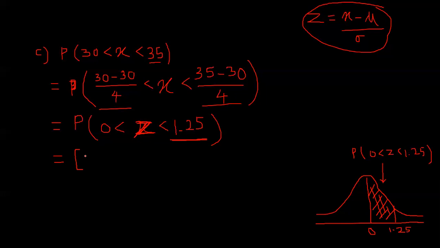So area to the left of Z that is equal to 1.25, okay, should be minus area to the left of 0, this one.